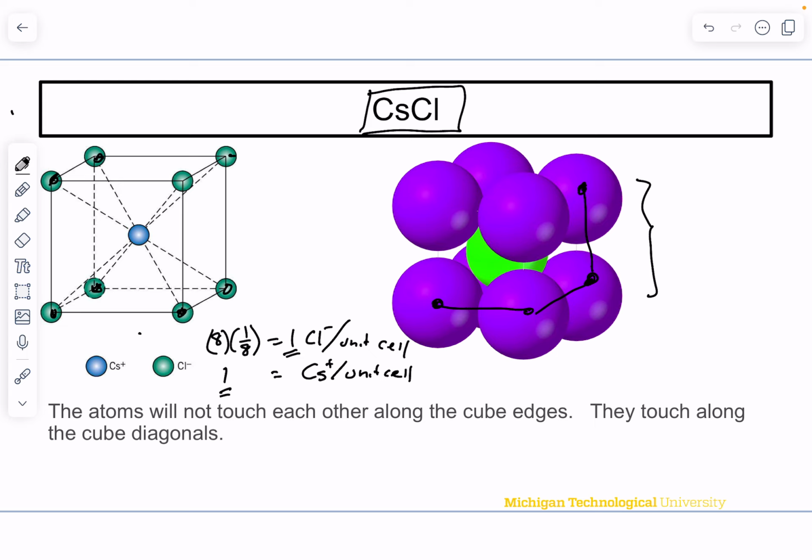You can see that there's clearly a gap. So that's not useful to us right now in figuring out the lattice parameter A. And remember, A is just the edge length of the cubic unit cell.